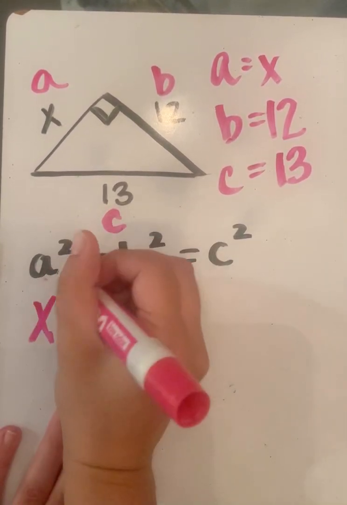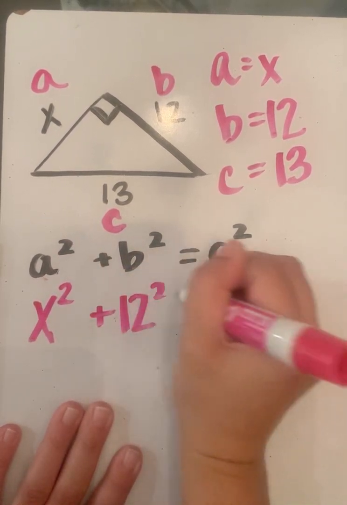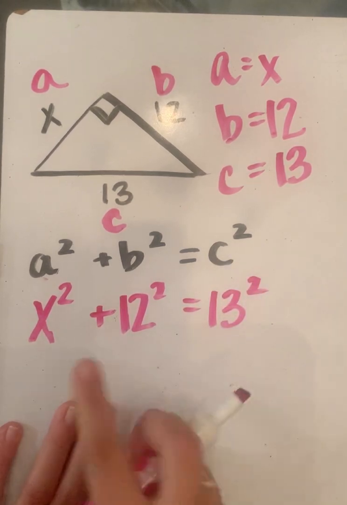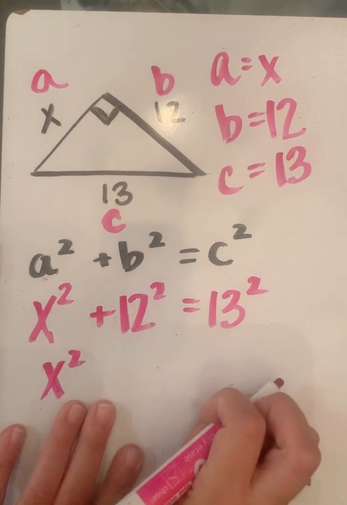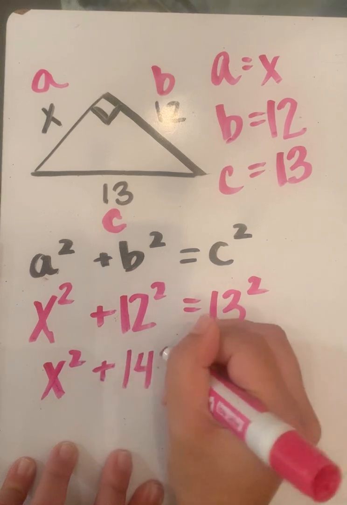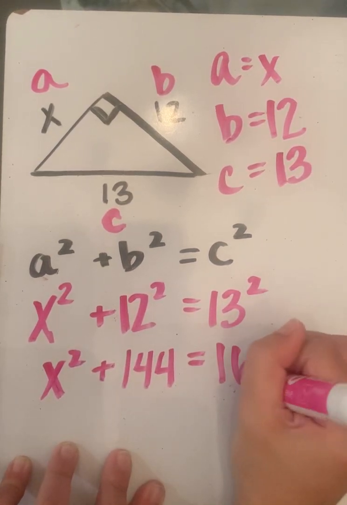So instead of A, we're writing X, instead of B, 12, and instead of C, 13. X squared, we don't know what that is yet, so that's just going to stay X squared. 12 squared is 144, and 13 squared is 169.